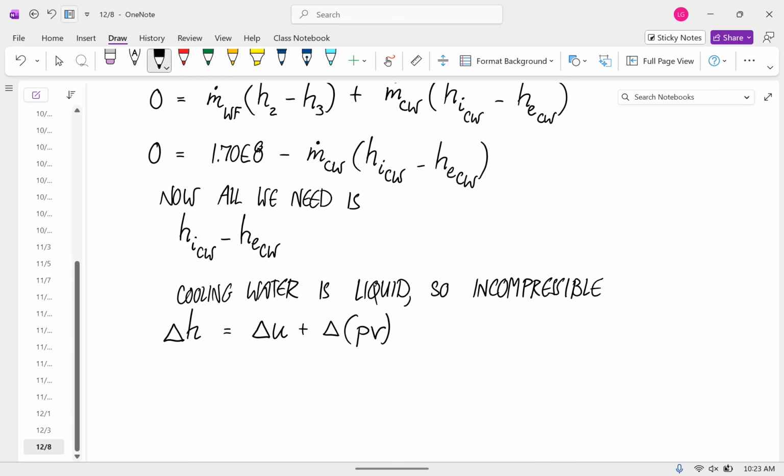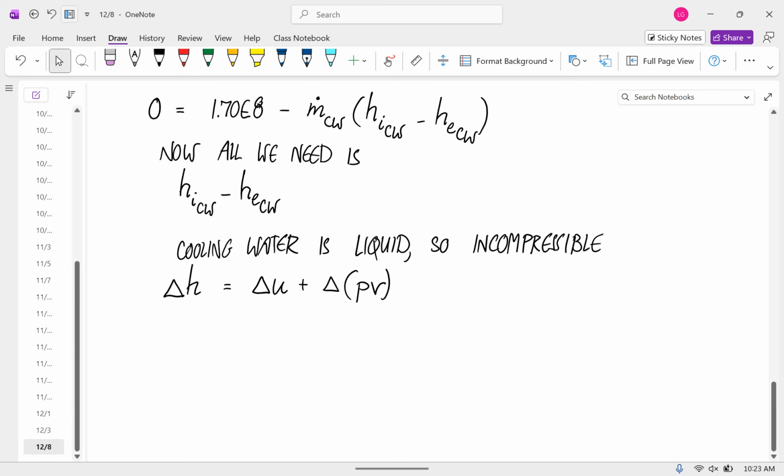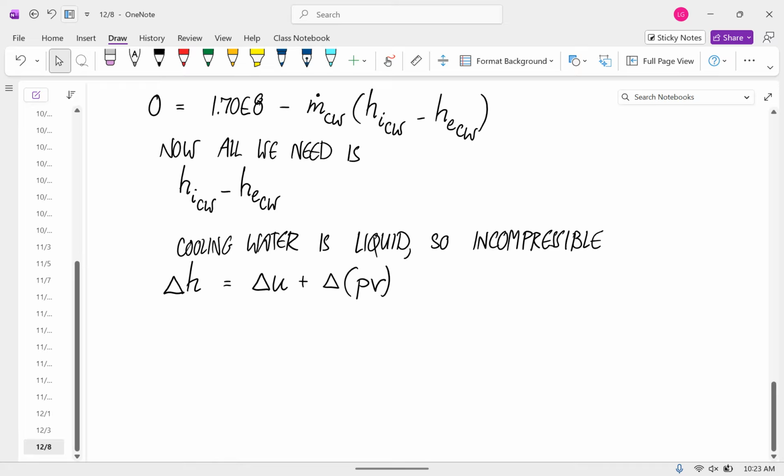That would be just the change in specific enthalpy. So we're going to assume that this is constant pressure. And so what we get is that the change in specific enthalpy is just equal to the change in specific internal energy.